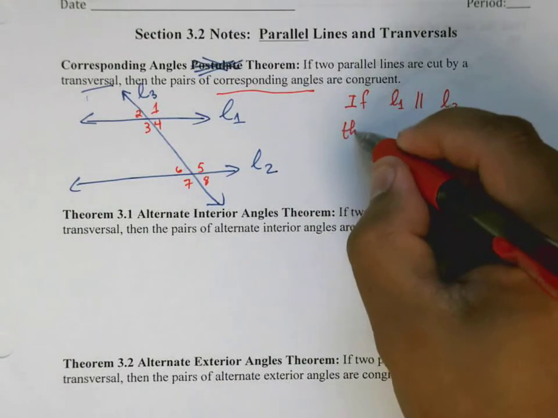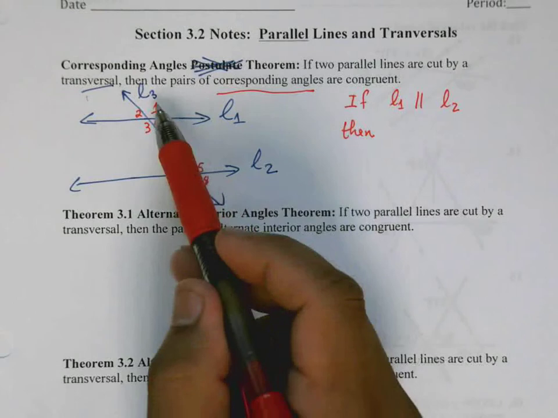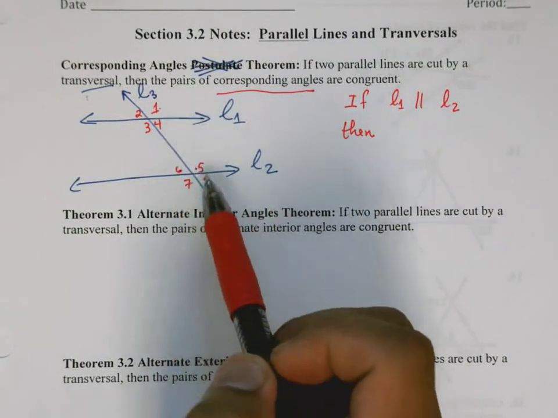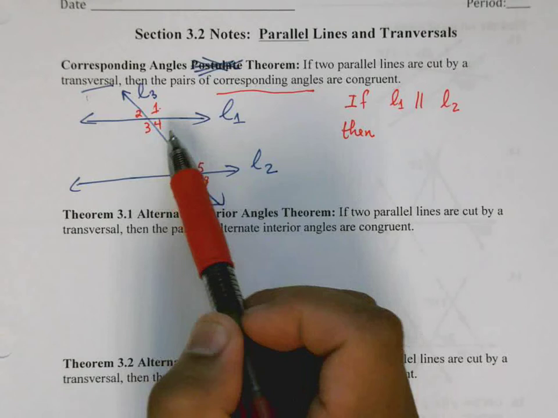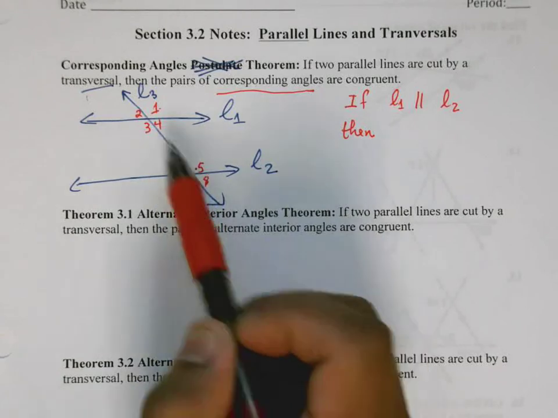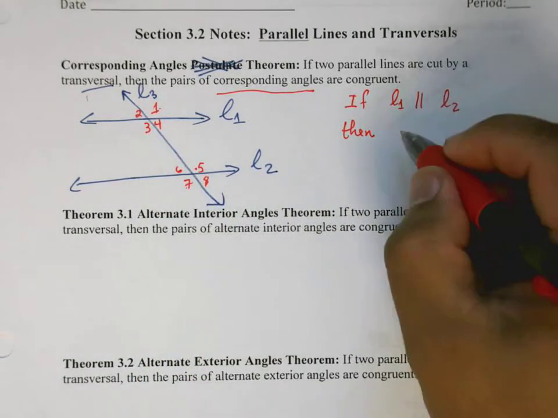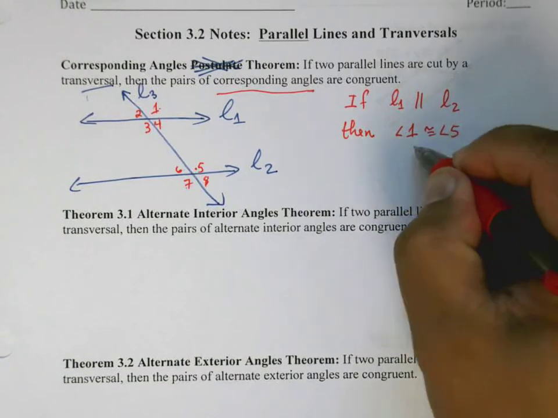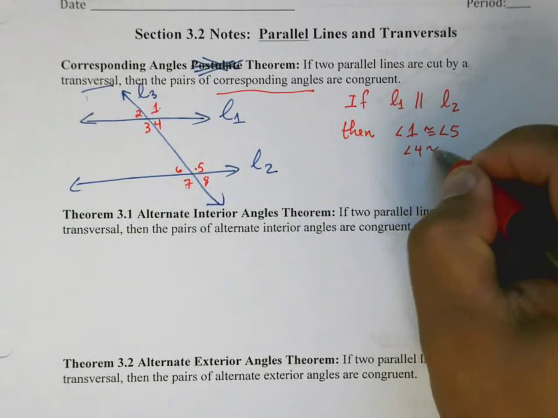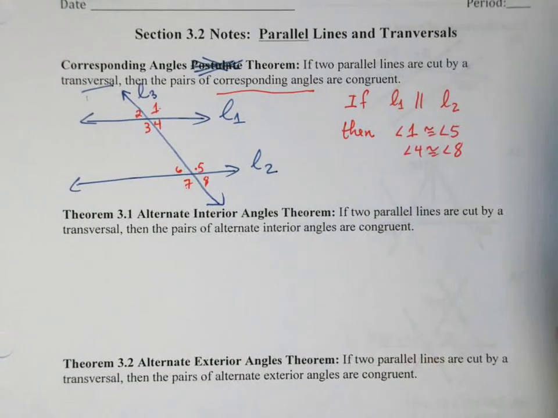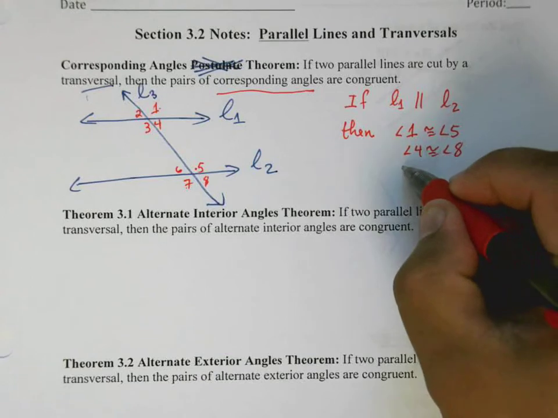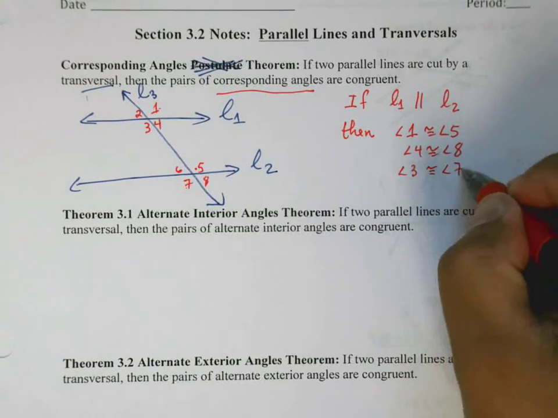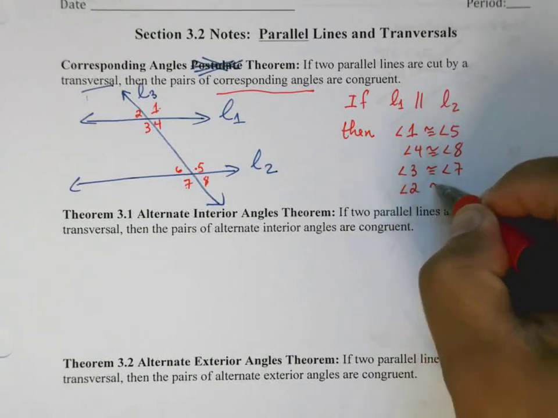But from this picture you can see that 1 and 5 are corresponding angles, 8 and 4 are corresponding angles, 3 and 7 are corresponding, and 2 and 6 are also corresponding. So we can say any of these statements. 1 is congruent to 5, 4 is congruent to 8, 3 is congruent to 7, and 2 is congruent to 6.